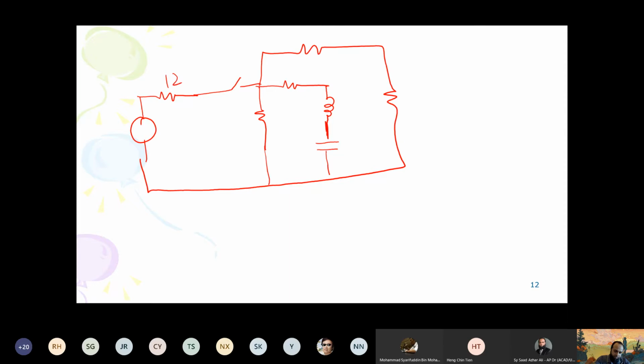Can anyone suggest to keep a voltage source or current source together with this capacitor? Voltage source, okay. Let's keep the voltage source with that.